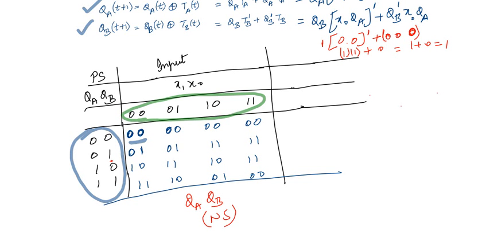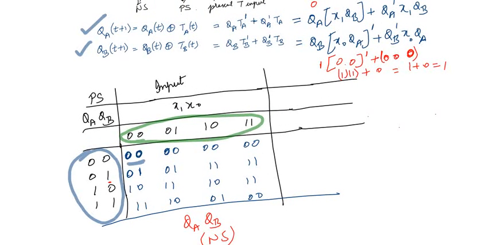How have you filled it? You have used the present state and input, and put the values in this expression. Thereby you get QA t plus 1, QB t plus 1. This is your t plus 1. These are your next state. This QA QB, these are your present state.